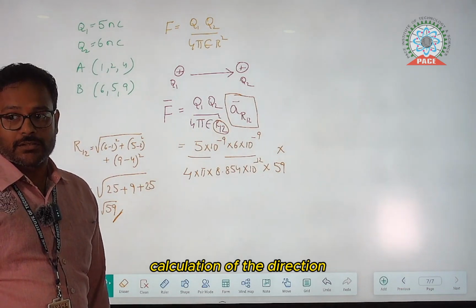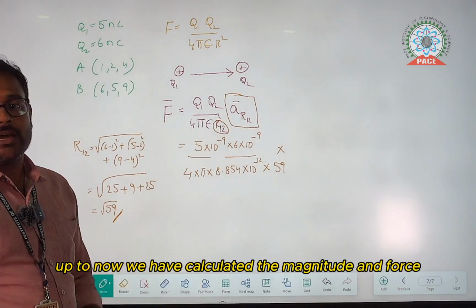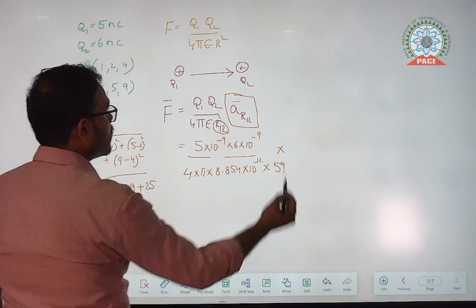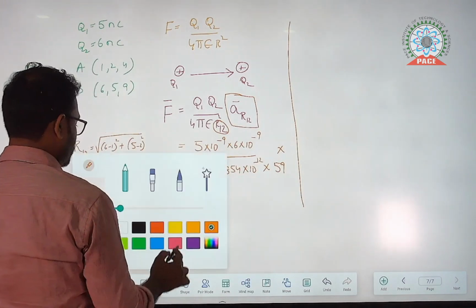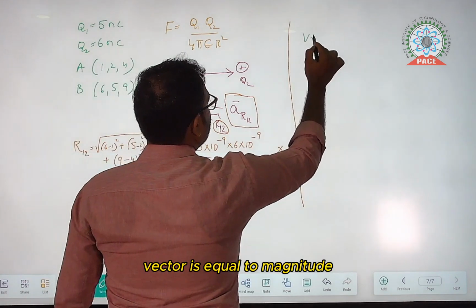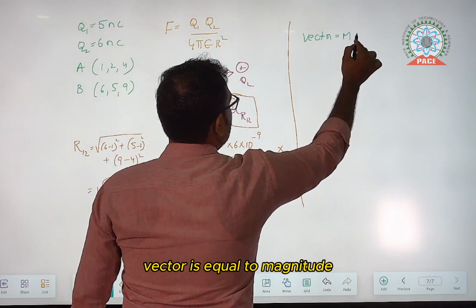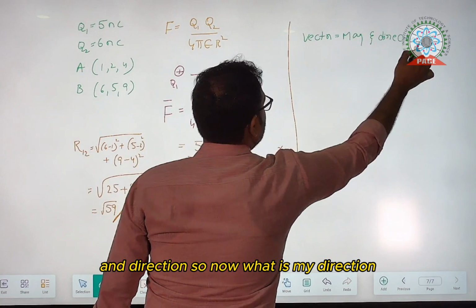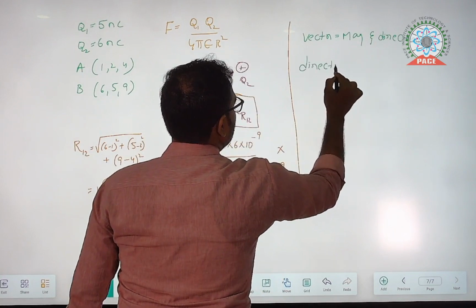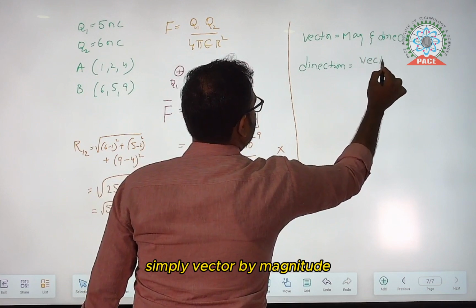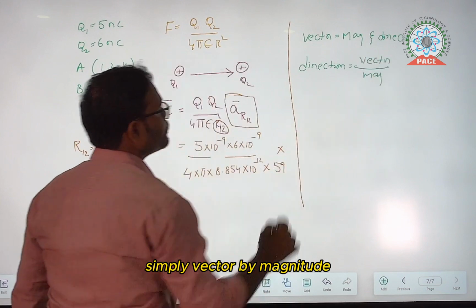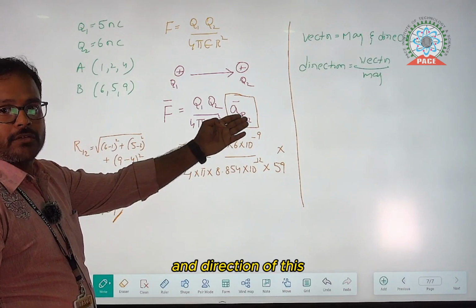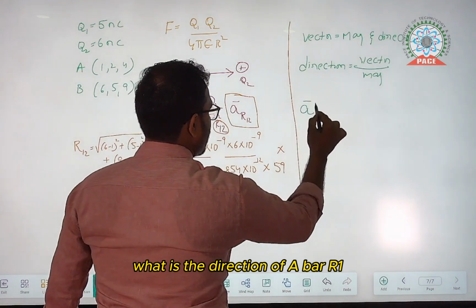Now what we require is the calculation of the direction. Up to now we have calculated the magnitude of force. Now what is the concept of direction? We know that a vector is equal to magnitude and direction. So direction is simply vector by magnitude. What is the direction of a bar r12?